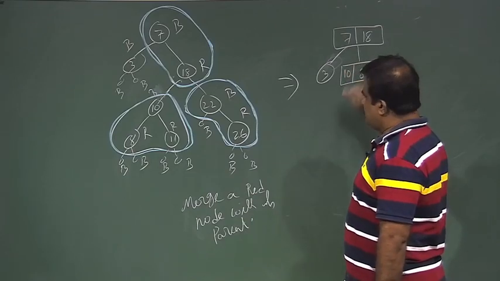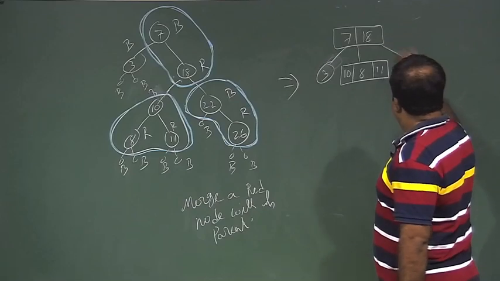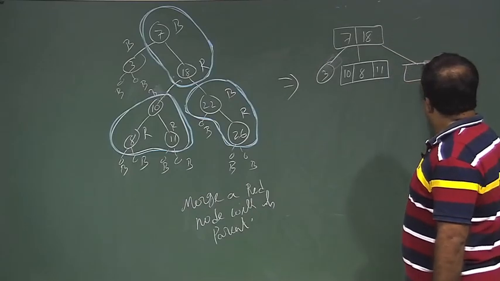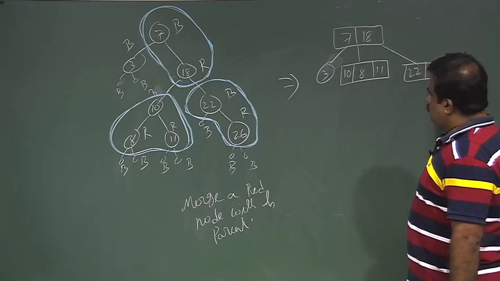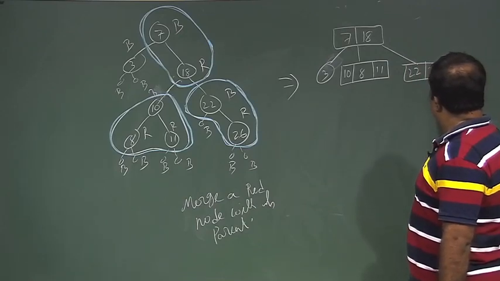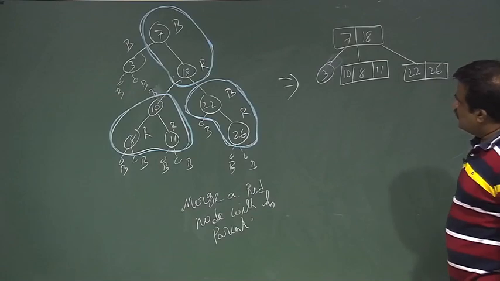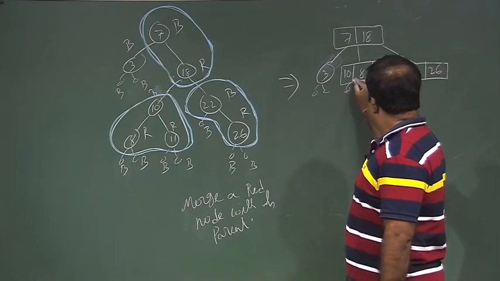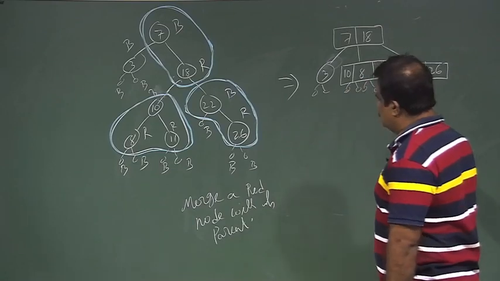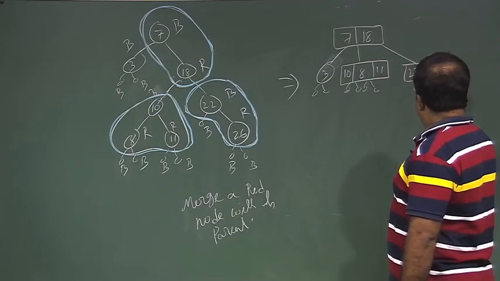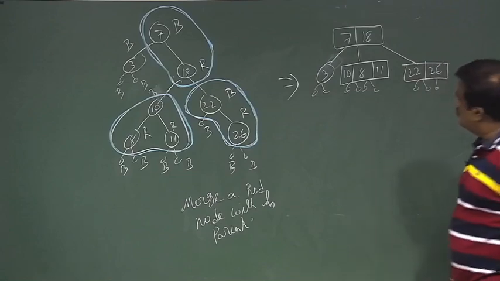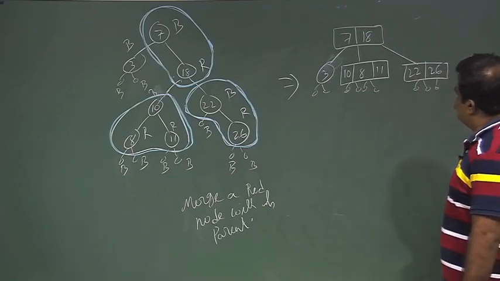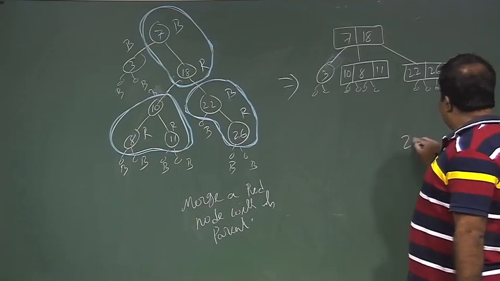So 10, 8, 11, and we have another 22, 26. Okay, and then the nils are there. So this will have 4 nils, and this will have 3 nils, like this. Okay, so this tree will convert into this tree, and this is nothing but a 2, 3, 4 tree.